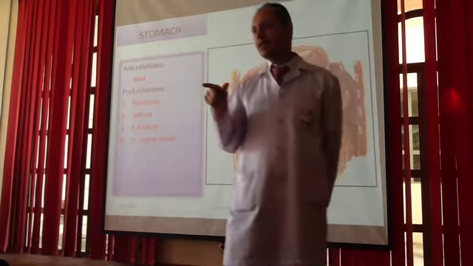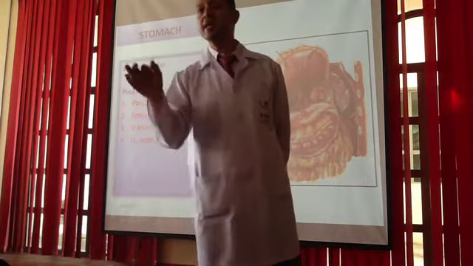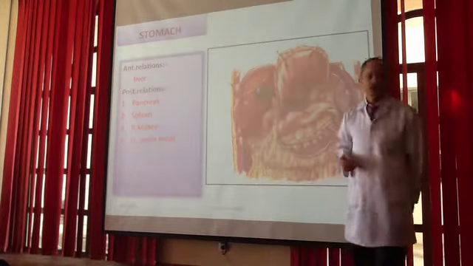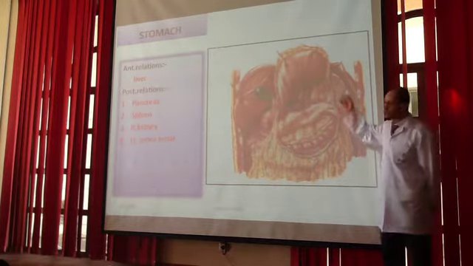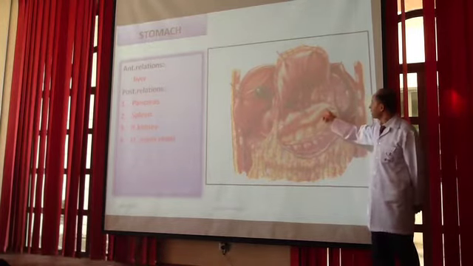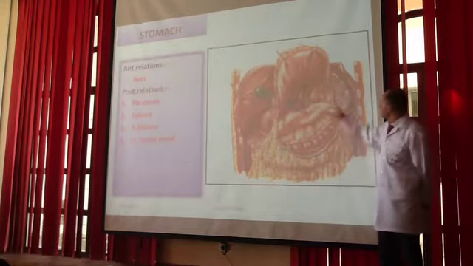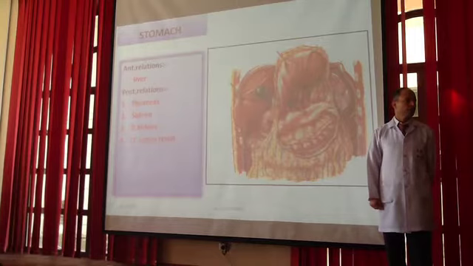Can I say, enumerate 3 organs sharing in the stomach bed? Pancreas. You have many. So we have left kidney and left suprarenal, but here the pancreas covers both. Also we have the spleen sharing in the stomach bed, and so on.